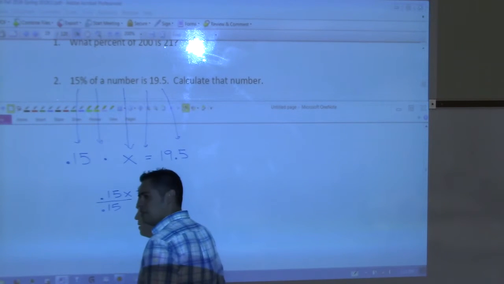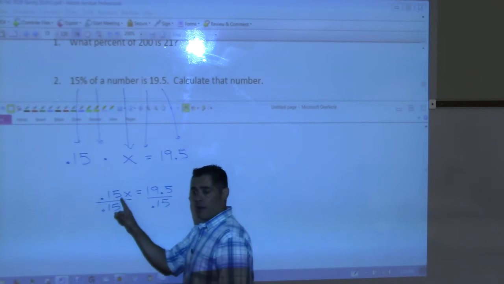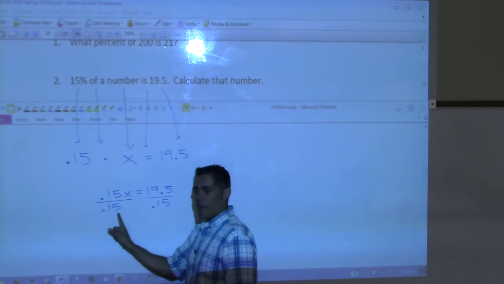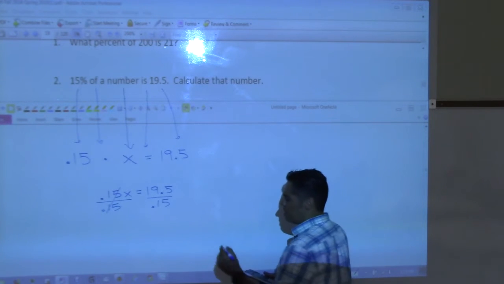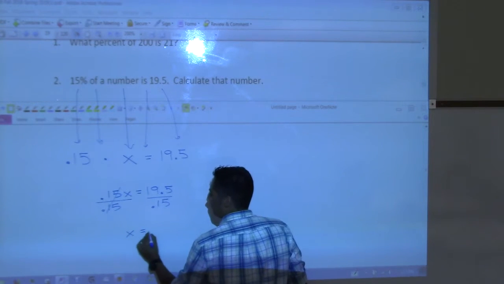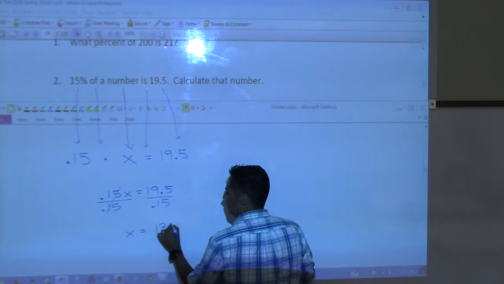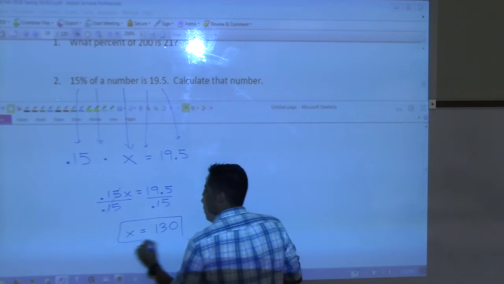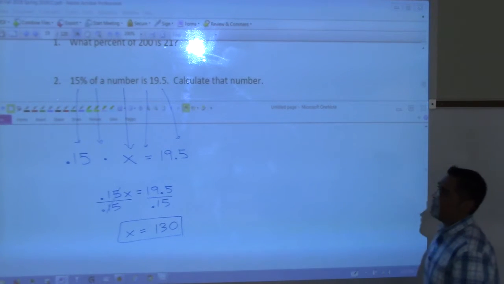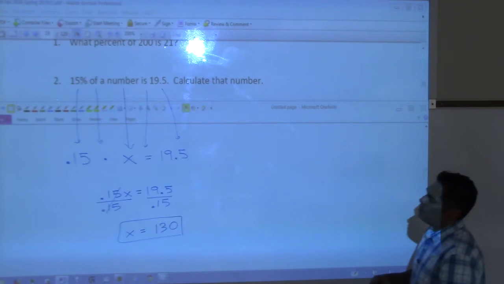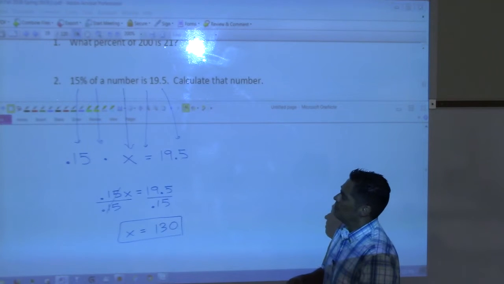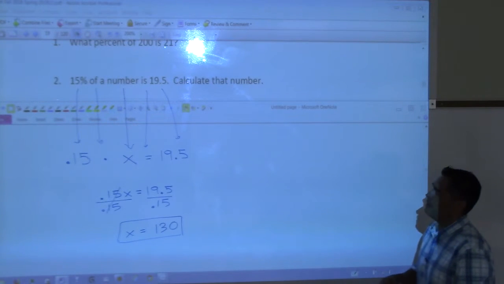Was it Laura? So do you understand, Laura, now? Like when you have this that we're dividing by the 0.15? Okay. So we're going to divide here and then calculate. What does that come out to be on the calculator? 130 exactly? Okay. 130. So I like to read through the problem again and just see if it makes sense. 15% of 130 is 19.5.